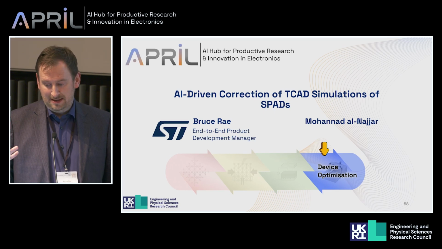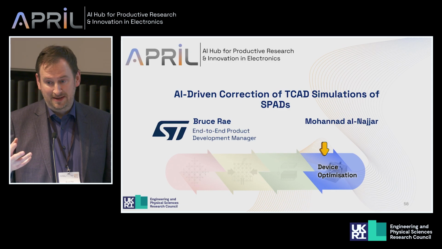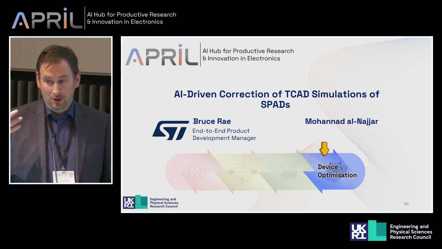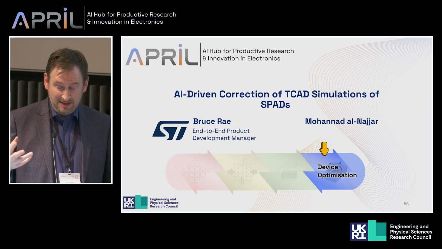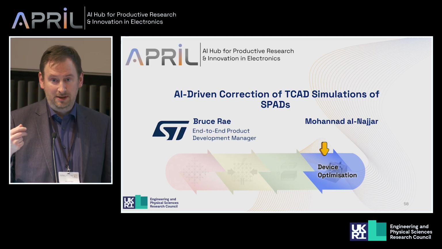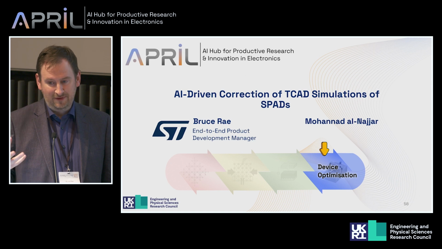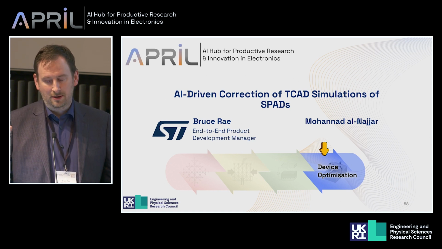So we asked the April Hub to look at how we can better calibrate our TCAD. We do the designs, we have the simulation results, we take some of those to characterization, or we implement those in silicon. We have the characterization data, we have the simulation data. Very often there are offsets in the predicted versus measured.